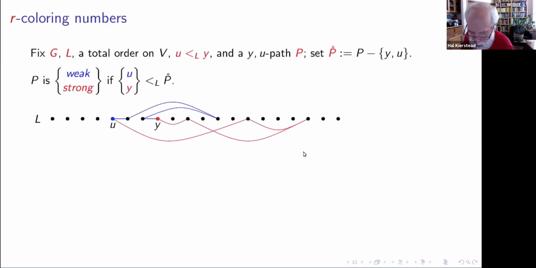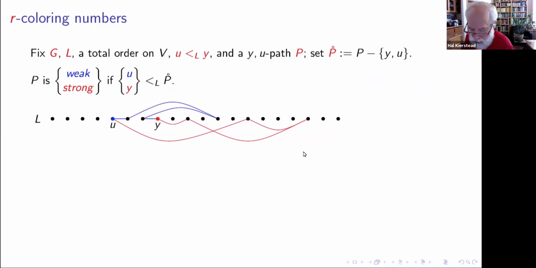Okay, so a path is, well, there are two notions here. Let's do the weak one first. It's weak if the smaller endpoint is less than all the vertices in the path. Okay, so an example of a weak path would be this blue thing.